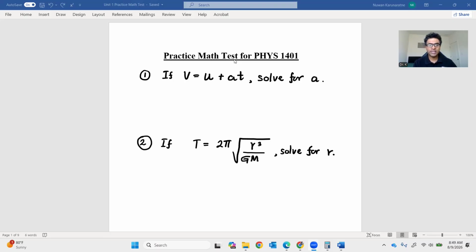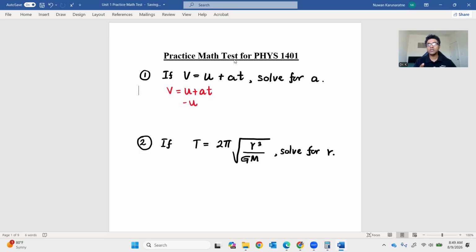So I'm going to first write down the same equation, V equals U plus AT. You can see this U, the first term on the right-hand side, is by itself. So I'm going to take it to the other side. How do I do that? I need to subtract that. So I'm going to subtract U on this side.